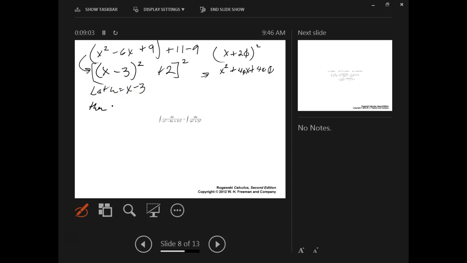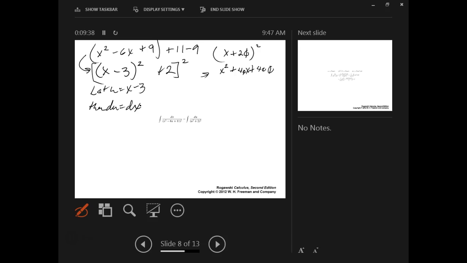Then what's always our next step in substitution? du is equal to 1, 1 what? dx. Good. It's equal to dx.